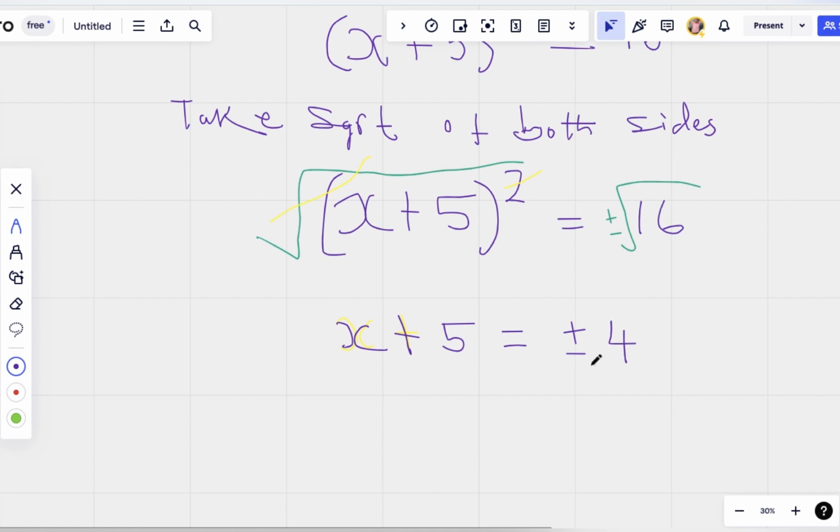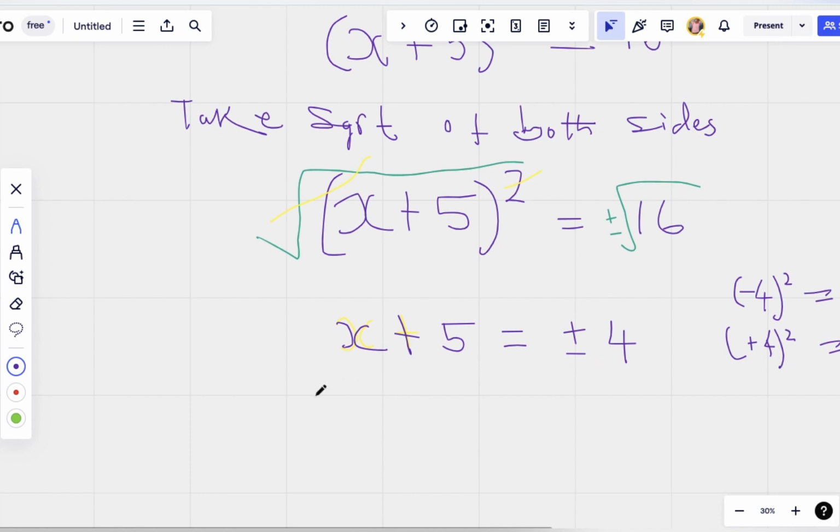Plus minus 4. Why? Because negative 4 square gives you positive 16, and positive 4 square also gives you 16. So if you find the square root of 16, you actually get two numbers. In other cases, we don't write the plus minus. But for quadratic, you have to show the two, because that's actually what it is.